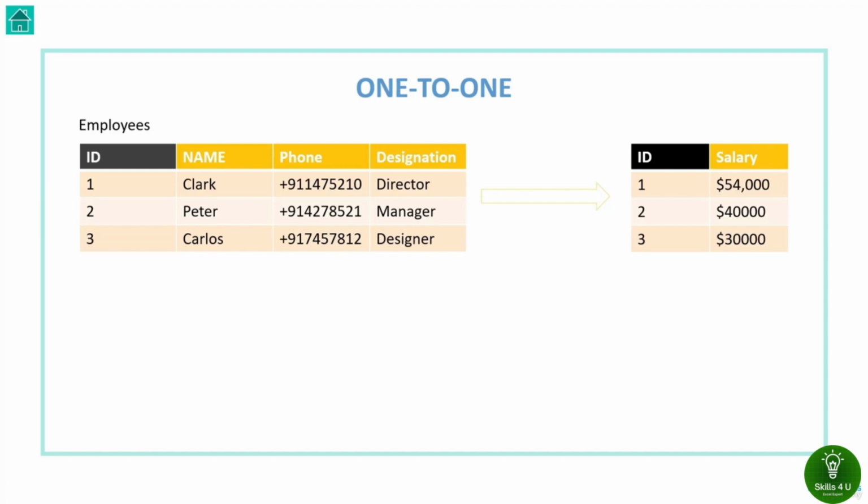For example, it could be that the company compiling this data on employees wants to make all the information public except the salaries. By keeping these tables separate, we can easily restrict the access to certain information that can be considered sensitive. Or, tables can be kept separate for security purposes.